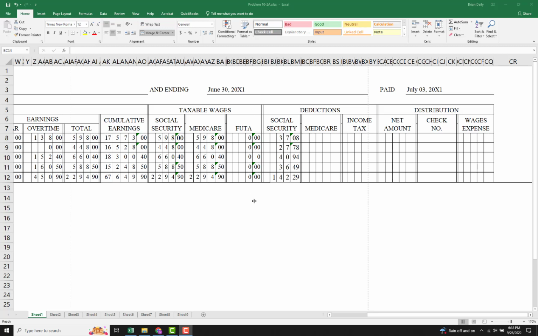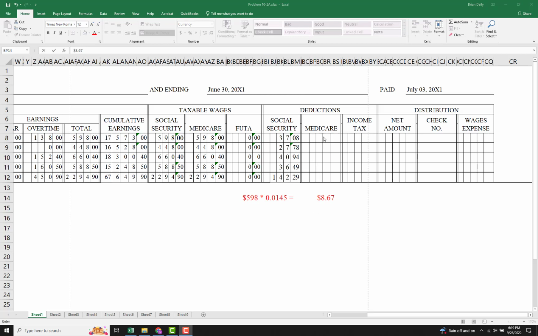So in the case of Roma Brandon, we're going to take their $598 that were taxable for Medicare according to our payroll register form and multiply that by the 1.45%, which as a decimal number is 0.0145. And if we do the math, that gives us a result of $8.67 when we round to the nearest penny.